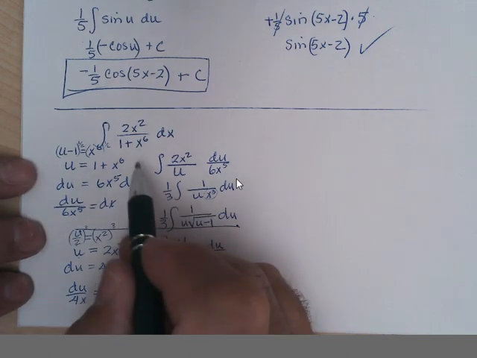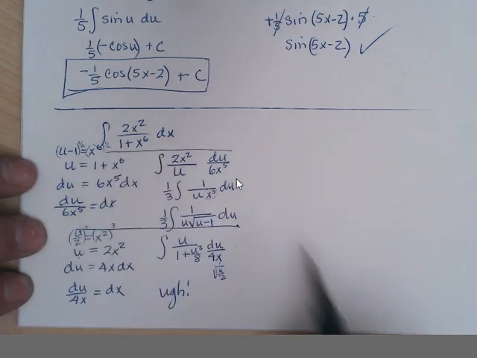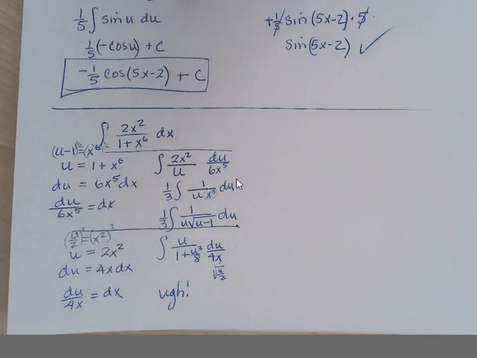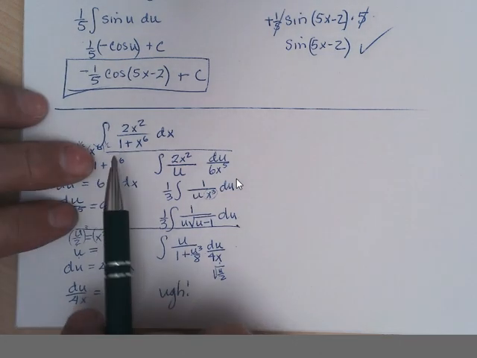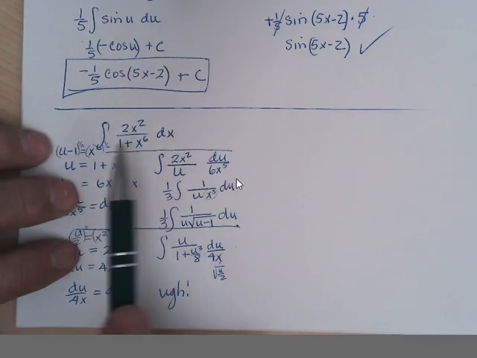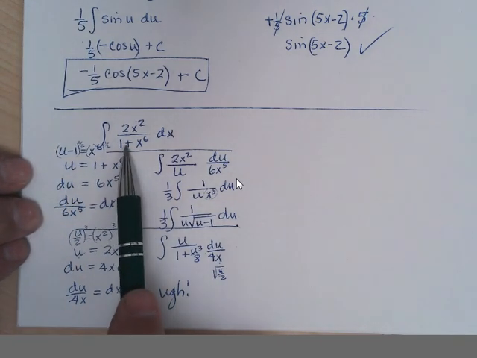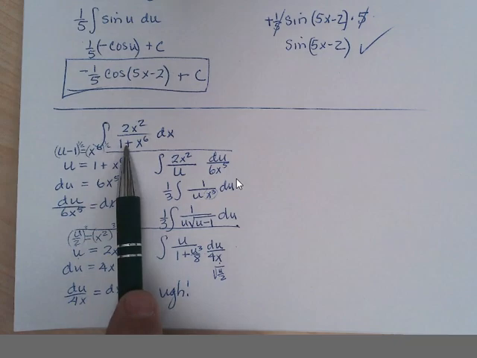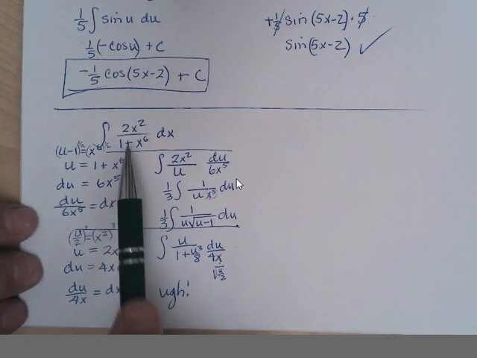So what can I do? Well, I haven't picked the right substitution yet. This is where it gets a little tricky, and this is what you've got to get better at, and this takes practice. Addition in the denominator is tough, or subtraction in the denominator.